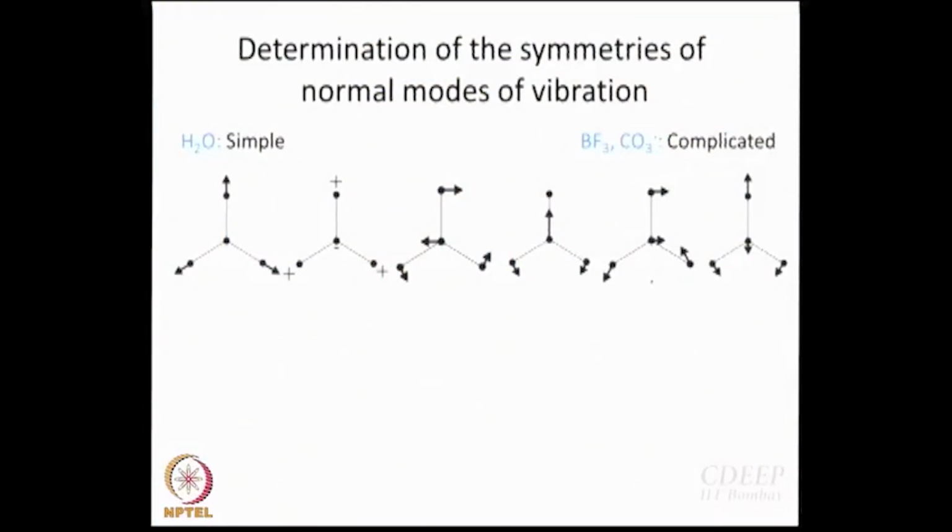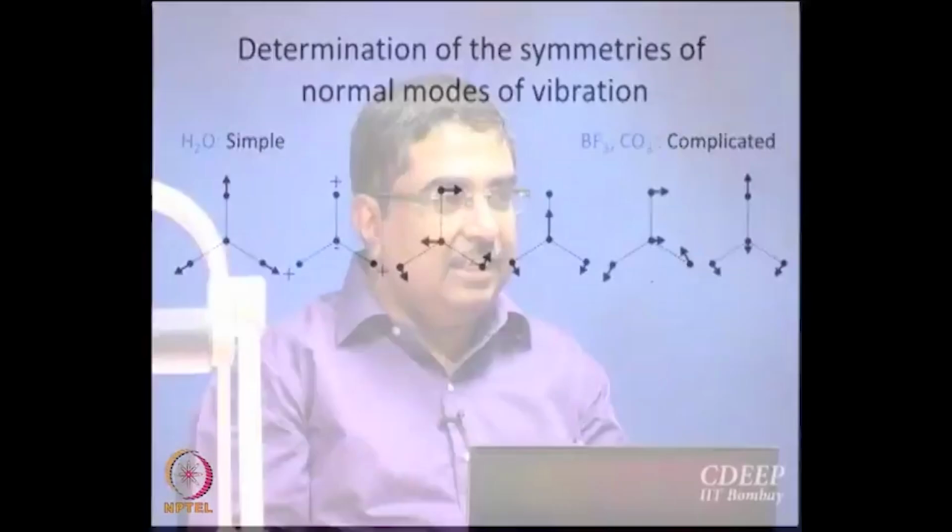If you make it a 4-atom system, and of course, you can make it a 4-atom system in 2 different ways, you can generate a Td group, or you can generate, what is this group? Say BF3 or carbonate, it is D3h, right, because you have a C3 perpendicular to the plane of the molecule. Each of these bonds is a C2, and the molecular plane is a horizontal plane, so it is D3h.